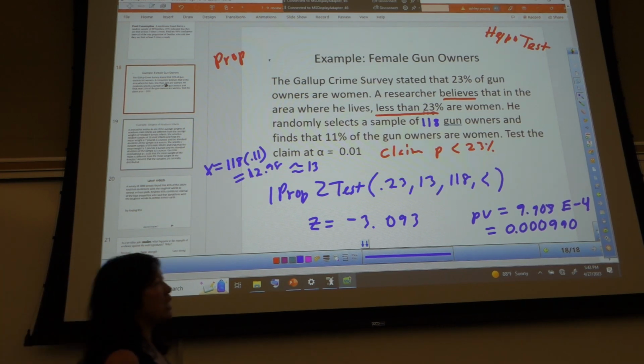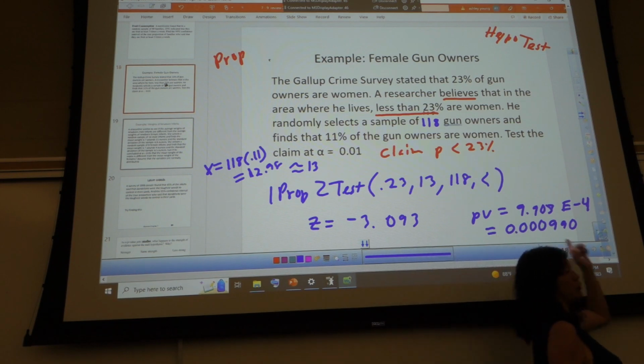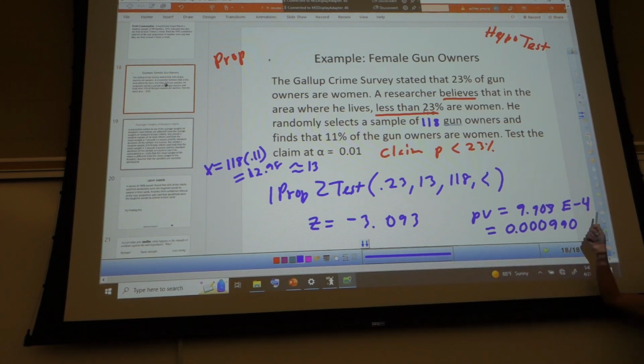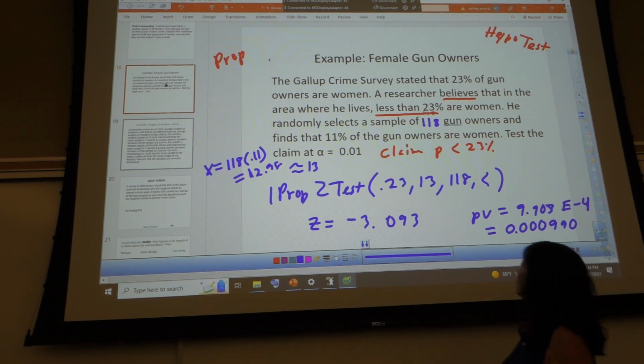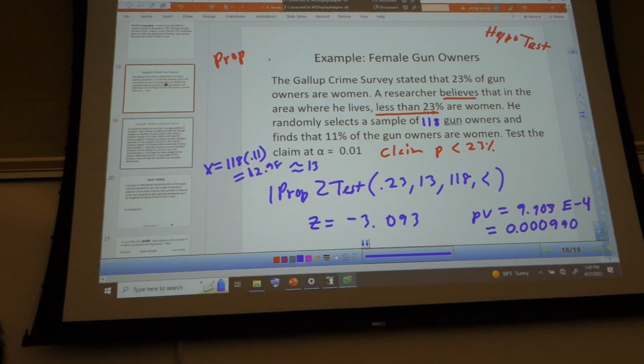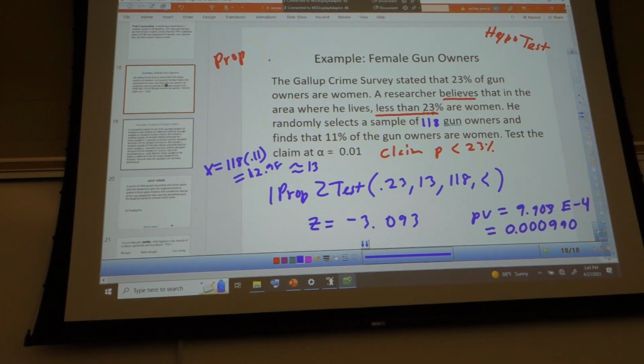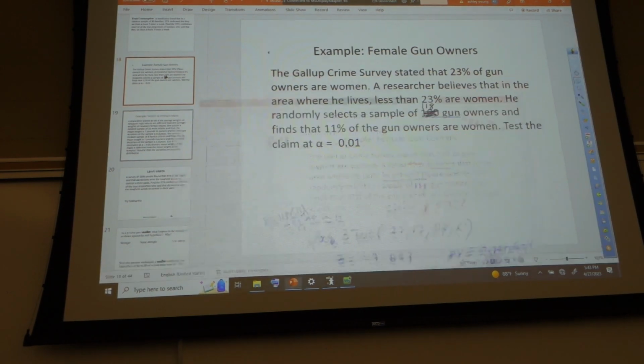Anytime this is E negative 6 or less, I want you to write it out. If it's E negative 16, just leave it as E negative 16. I don't want you to write 16 zeros, that's unreasonable. But if it's 7 or more, then you can just write E negative 7 or whatever it is. All right, good.